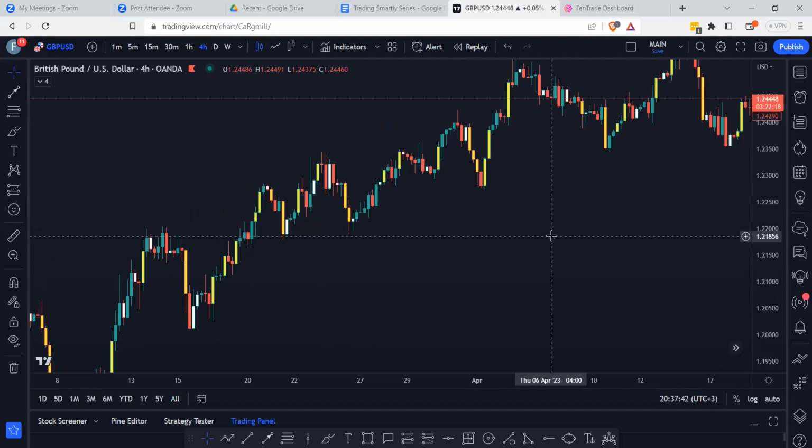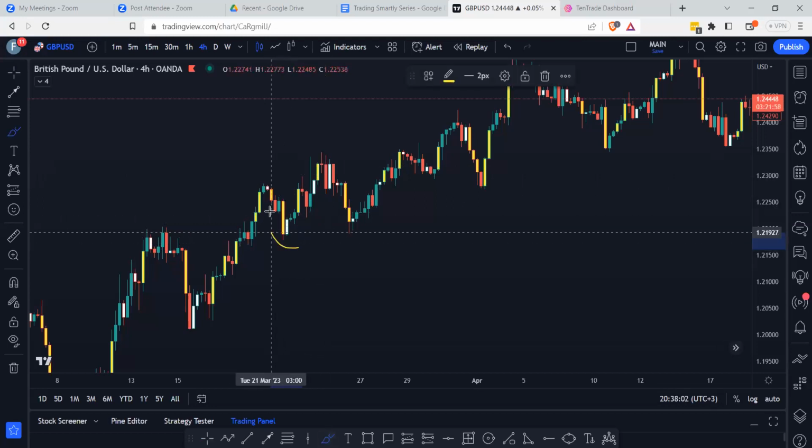Now, in this particular scenario, the easiest way to adequately map out a support zone is to map out the bearish candle before the change in direction. If we are looking at how price reversed over here, the bearish candle before the reversal.